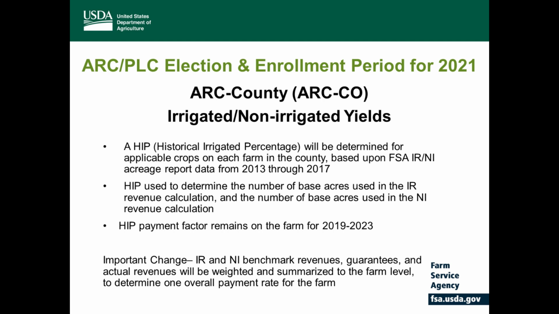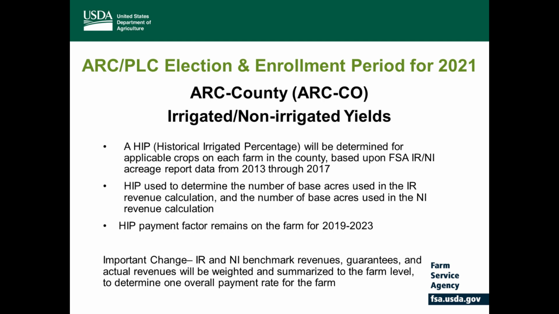A HIP percentage will be used to determine the number of base acres used in the irrigated revenue calculation, and then a number of base acres to be used in the non-irrigated revenue calculation. And then your HIP percentage is going to remain on your farm through 2023.